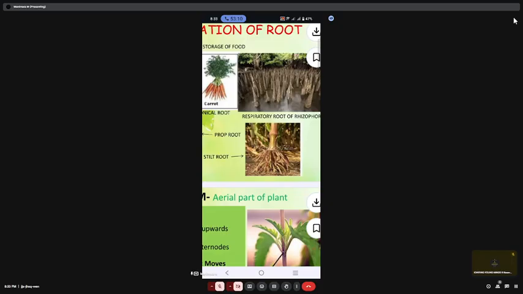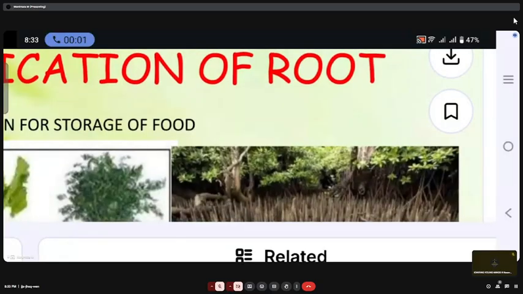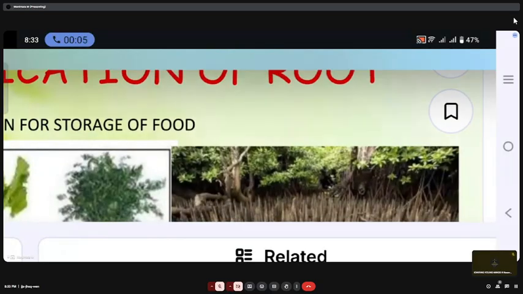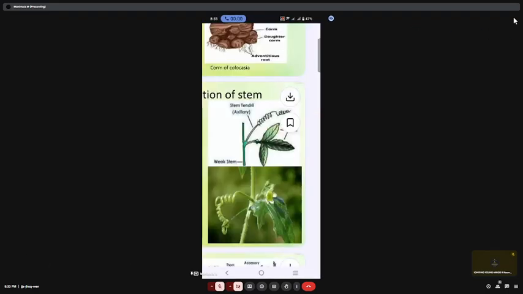Underground roots, give me an example, I will tell. What are the roots which grow underground? What are the roots which grow above ground? What are they, ma? We just studied it.